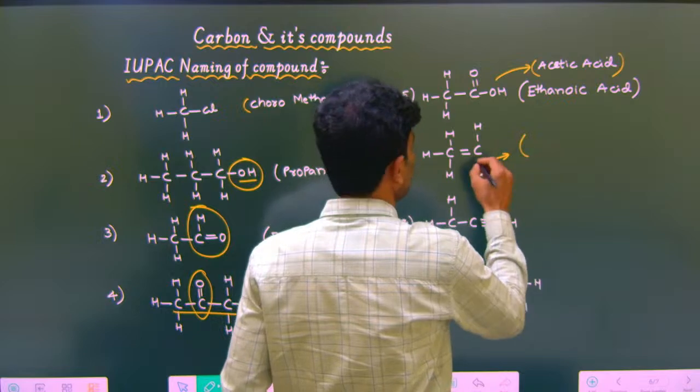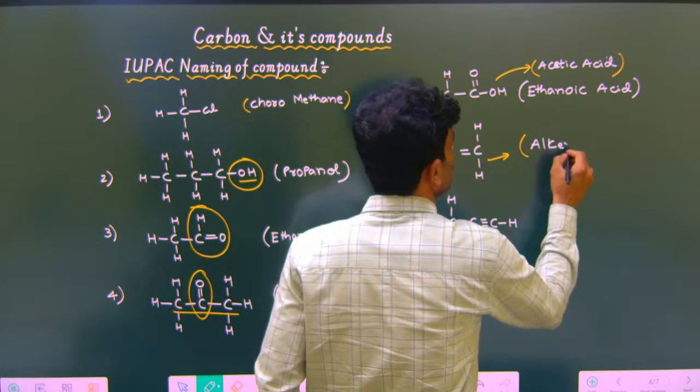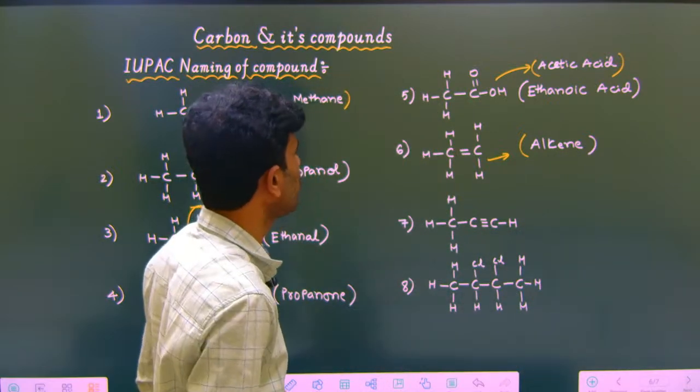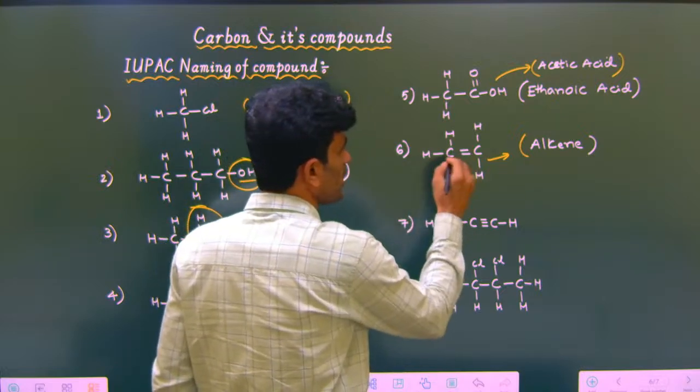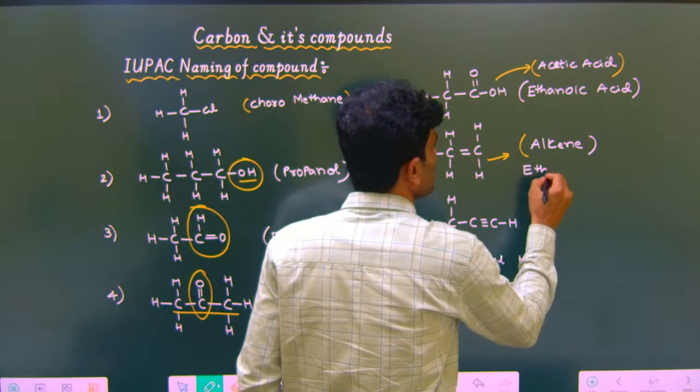Double bond. Did you observe the double bond? When a double bond is there, alkene and alkyne are also functional groups. So alkene is there, and because there are 2 carbons, we write its name as ethene.